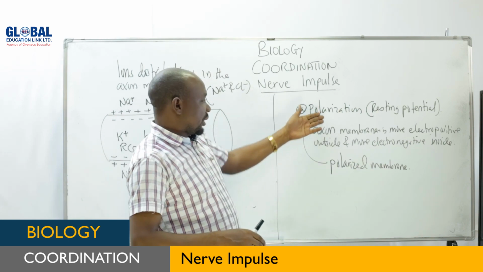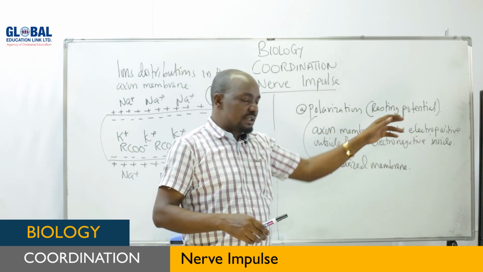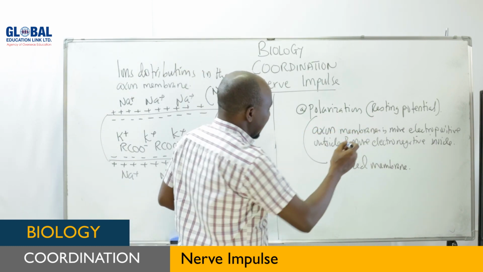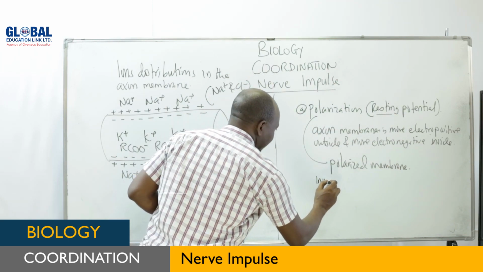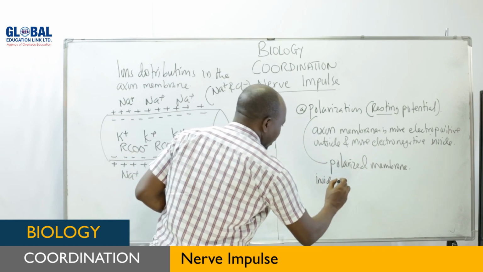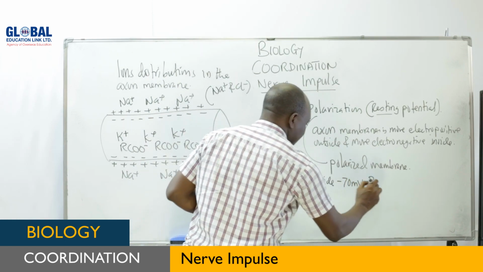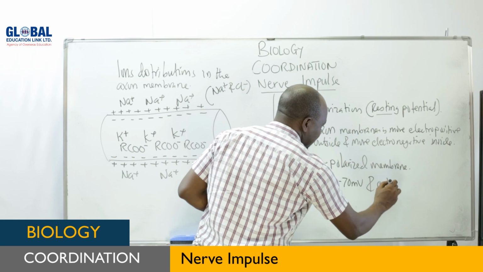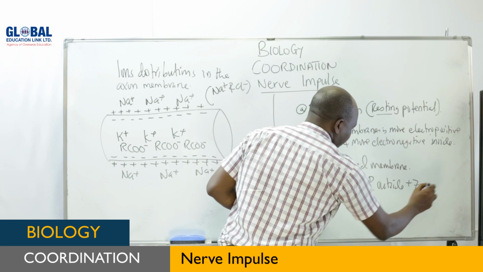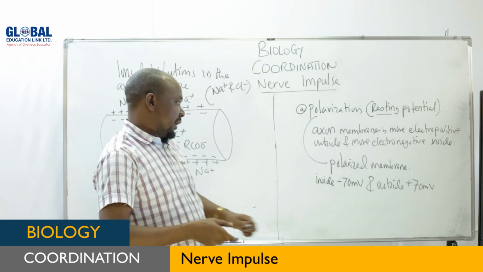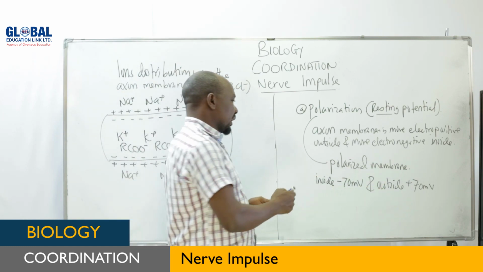And actually, during this condition, the potential difference is 0 because it is at rest. The potential difference inside is negative 70 millivolts, and the potential difference outside is positive 70 millivolts. Hence, the negative and the positive cancel out.